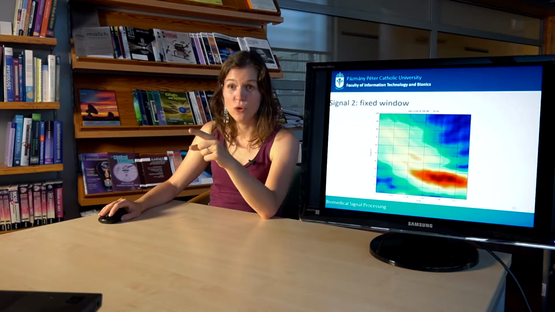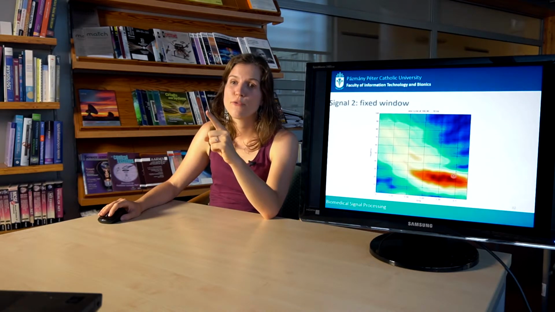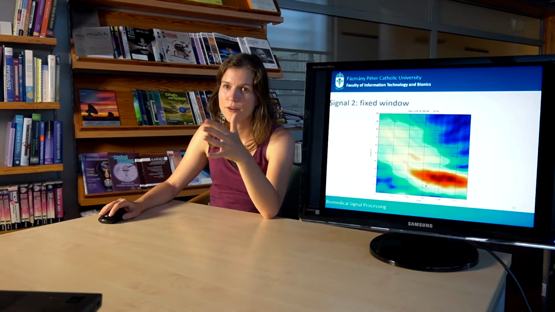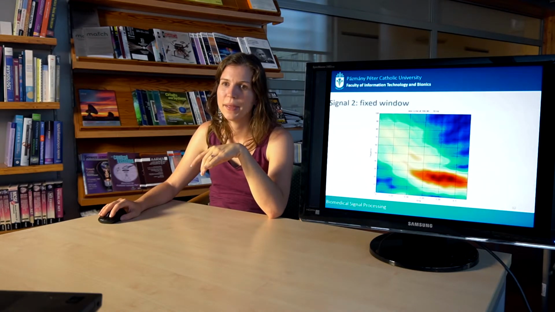So we have lower frequencies at the end of the signal, where our frequency representation is quite smeared. Here we shouldn't really care about the time resolution, and at high frequencies we don't really know what is happening.